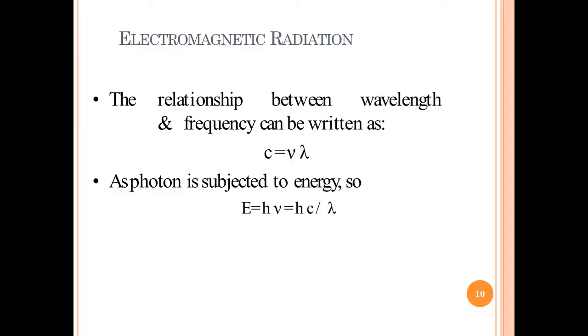Otherwise, as photons have energy, energy E equals h nu, or else hc by lambda, or hc nu bar, where nu bar is wave number. Wave number is defined as the number of waves produced from a source in unit distance.